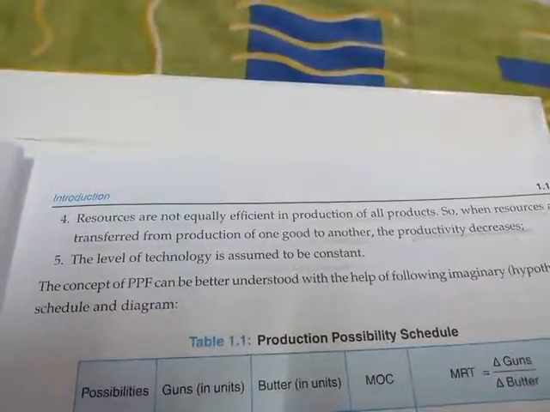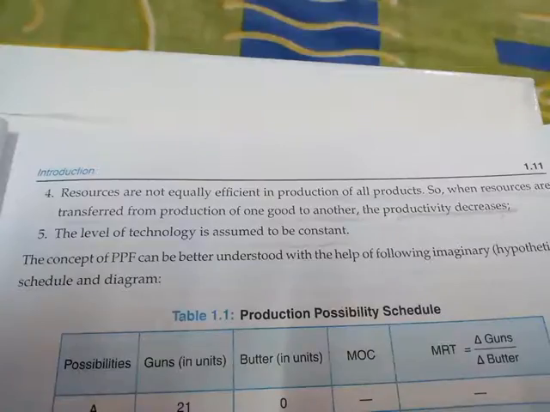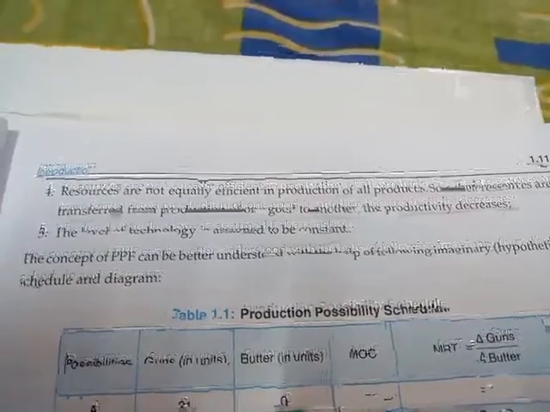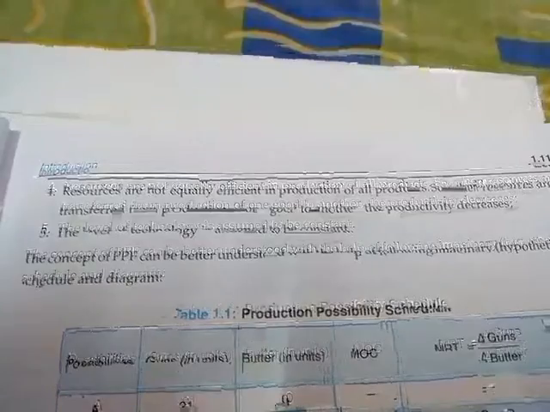Okay, and the fourth point comes here: resources are not equally efficient in production of all products. So when resources are transferred from production of one good to another, the productivity decreases. Here is the point. What is the point?